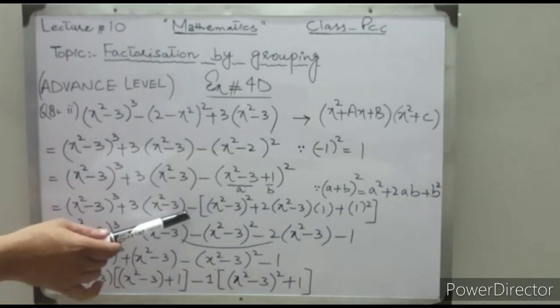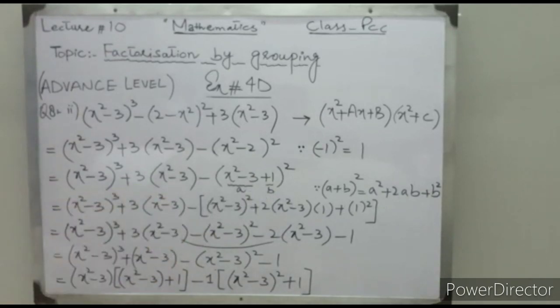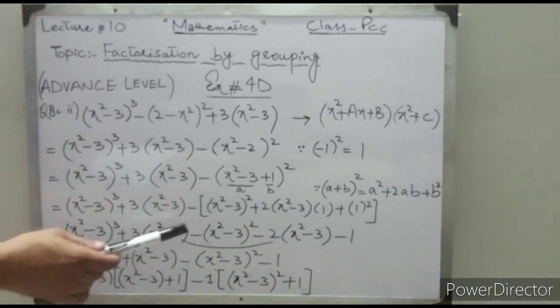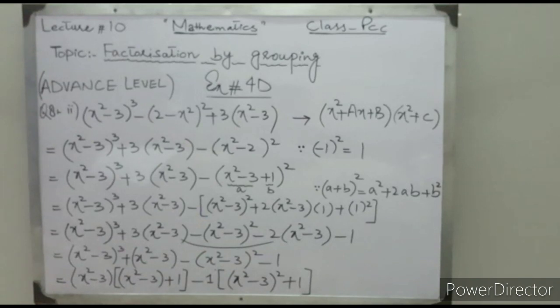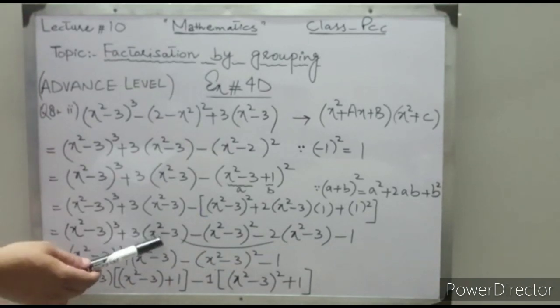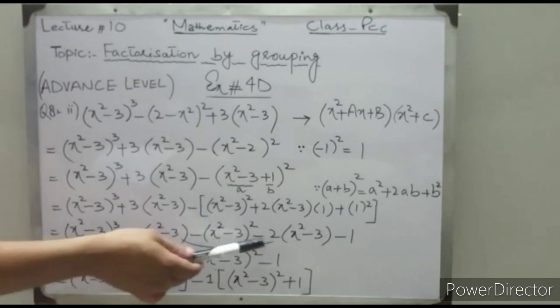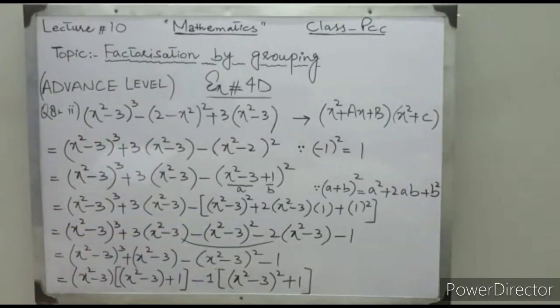Now multiply this expression with the negative sign. All the signs of the interior values will be changed. You can see all signs have changed. Now combine the like terms, which are 3(x² − 3) and −2(x² − 3). It will become a single one, which is x² − 3.